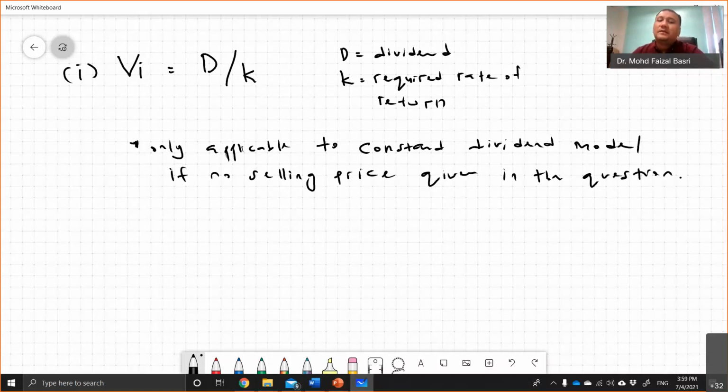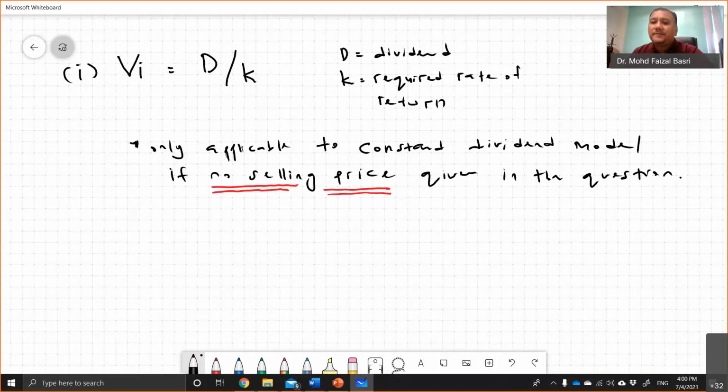Remember, earlier I said that under the dividend discount model, you're going to find the present value of the dividends plus the selling price. But if there's no selling price, how do we use the discount model?